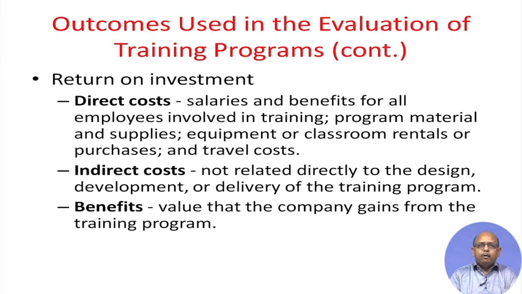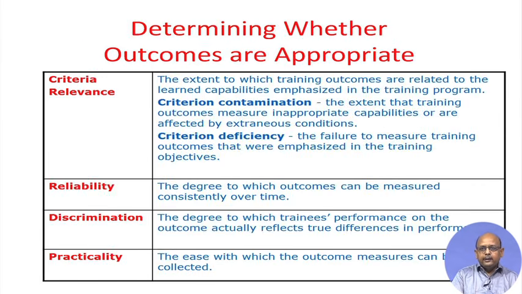Now, when we are talking about indirect costs, though it may not be directly related, like you are spending certain time discussing with some people, or other things which cannot be quantified directly, they come under indirect costs, right. And the benefit is the value that the company gains from the training program. So, if you calculate the costs and benefits, you would be in a position to find out in monetary terms how much benefit you have made by conducting this program, and that is how you are going to establish your credibility with the top management.